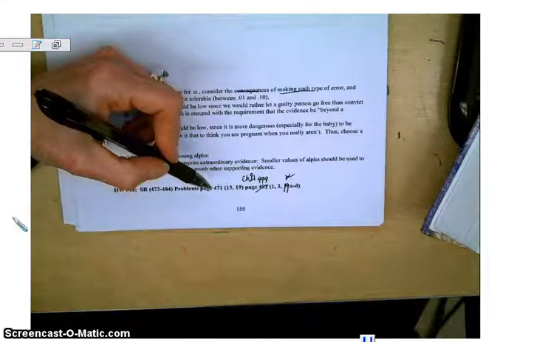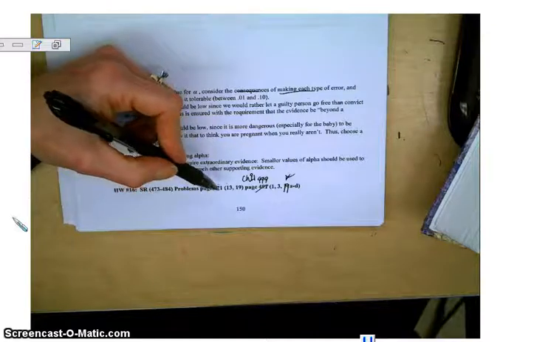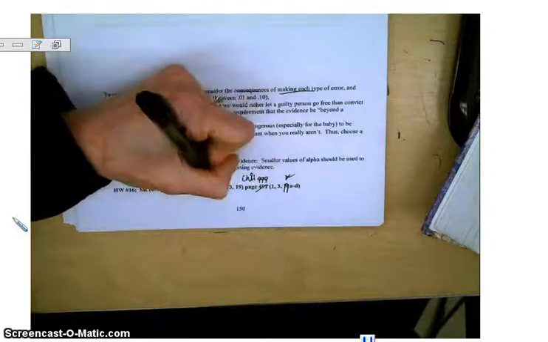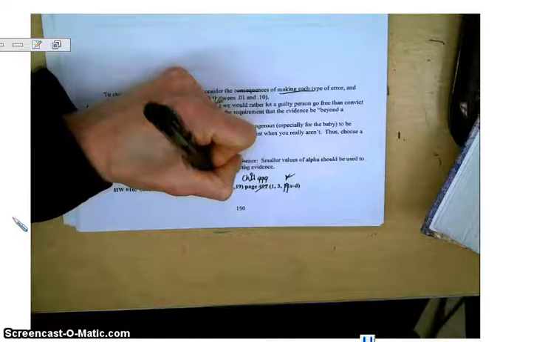No, it's not 471. It's 477, and it starts on 477 here.